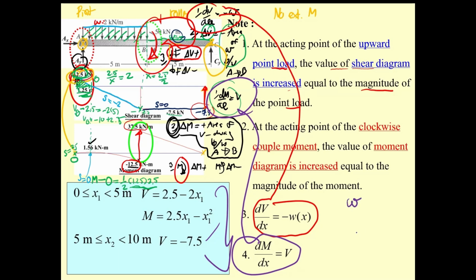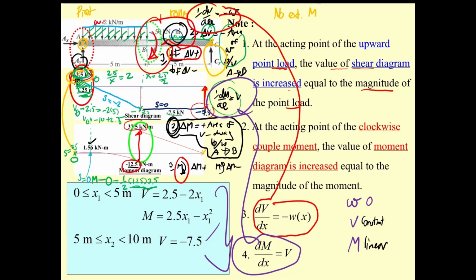Between W, shear, and M. Okay, and whenever W is 0, the shear will be constant, and M is going to be linear.